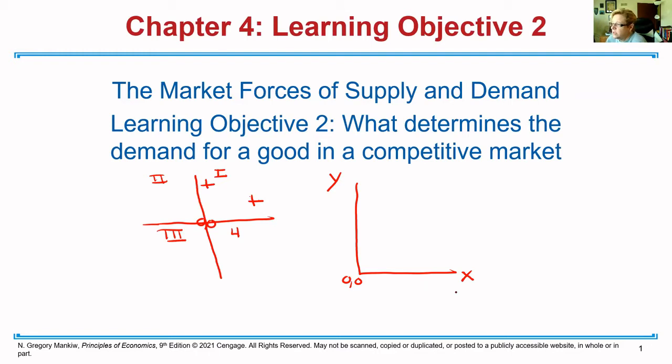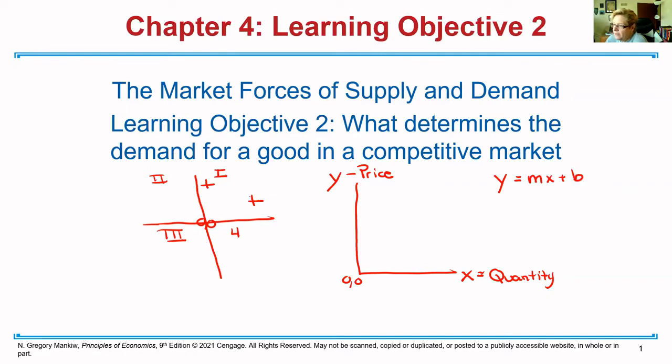For us, the x-axis is always going to be the quantity. The y-axis is always going to be price. Now you might be asking yourself, how does that correlate to the mathematical linear equation of y equals mx plus b?